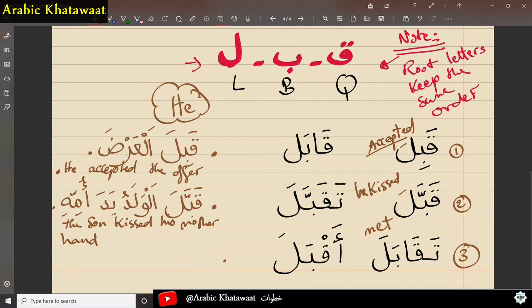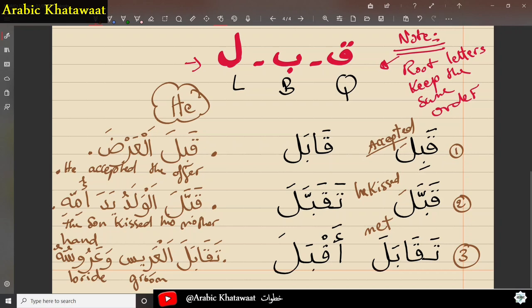So تقابل, I can think of a sentence like تقابل العريس وعروسه. The groom and the bride met. And then you can say تقابل العريس وعروسه في, in, and you indicate the place where they've met.